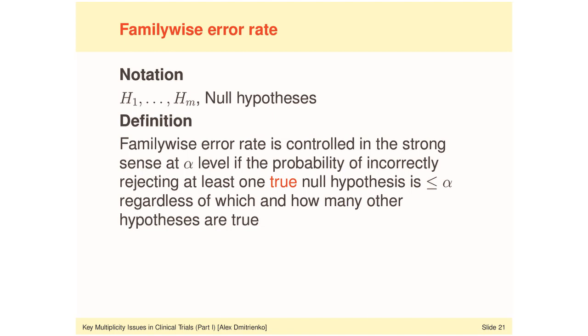The definition tells us that we need to preserve the type 1 error rate not only for the case when there is no evidence of a positive effect across the hypotheses of interest. Our goal here is to protect the error rate for all possible configurations, all possible combinations of true and false null hypotheses. Essentially, we're talking about the maximum type 1 error rate, the type 1 error rate for the worst case scenario.